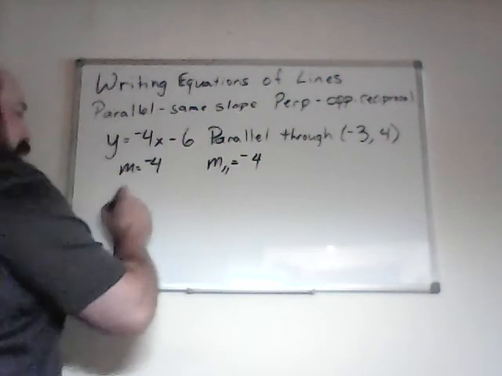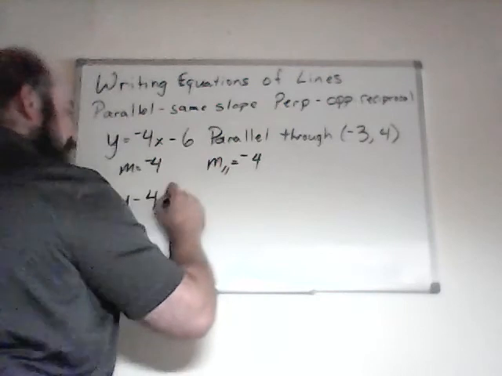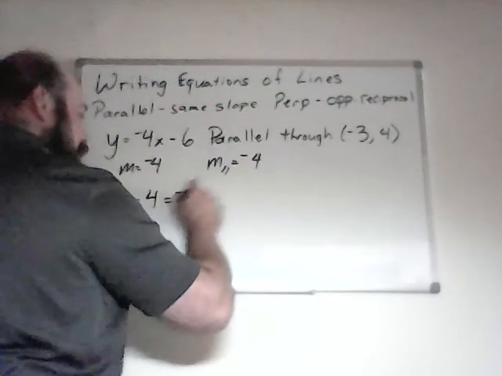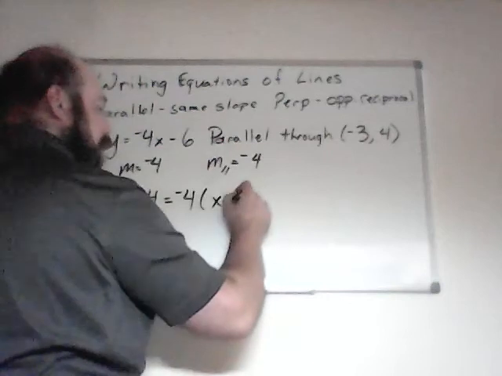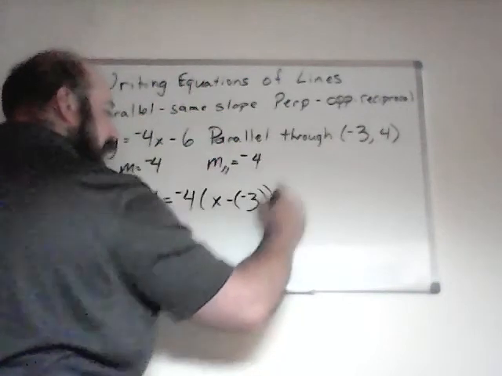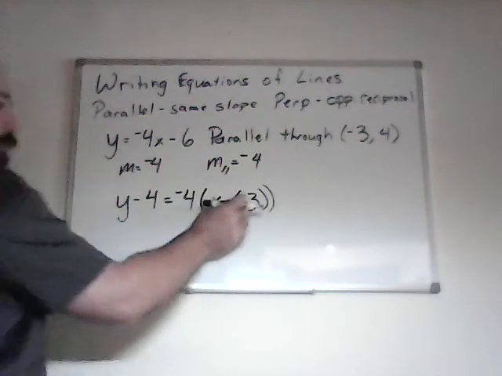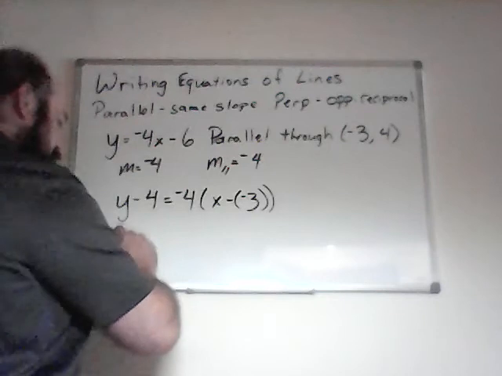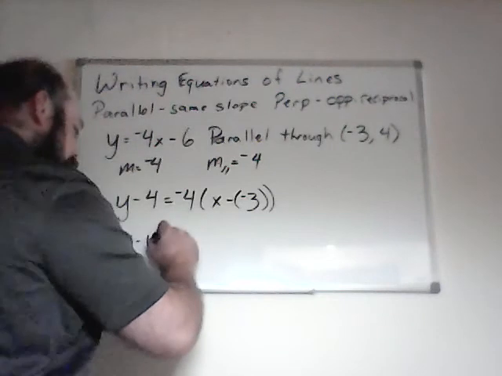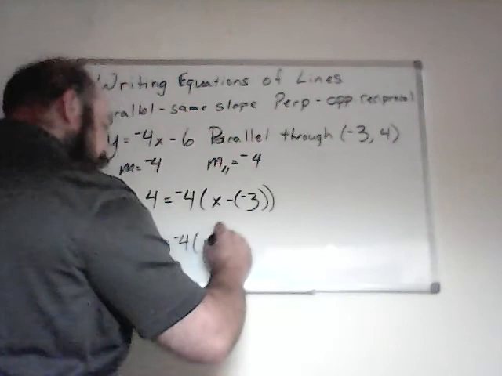So again, y minus y1, which is 4, equals m, negative 4, times x minus x1, which is negative 3. And again, I use parentheses because I don't like to have any issues in terms of signs. So again, I look here. This one is going to change to addition. Y minus 4 equals negative 4 times x plus 3.